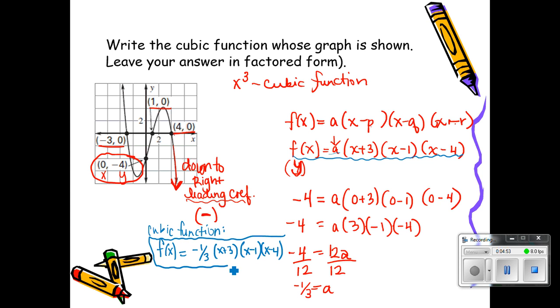And that is my equation for the cubic function. Okay, so you need your x-intercepts, and you need another random point, and then basically you're plugging everything in to find your a value, or your leading coefficient. And we knew the leading coefficient was going to be negative because it's falling on the right-hand side.